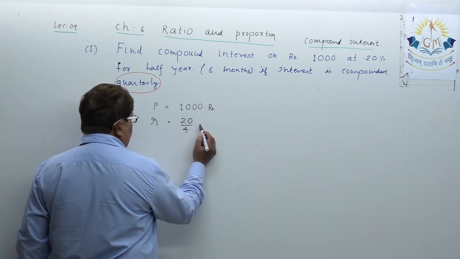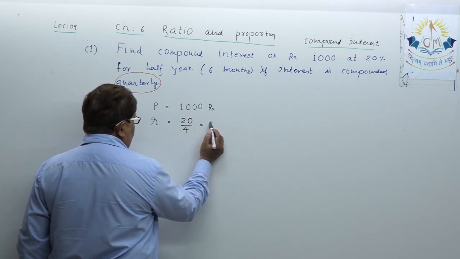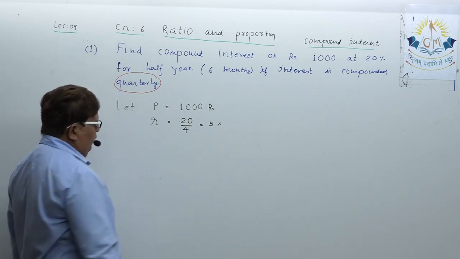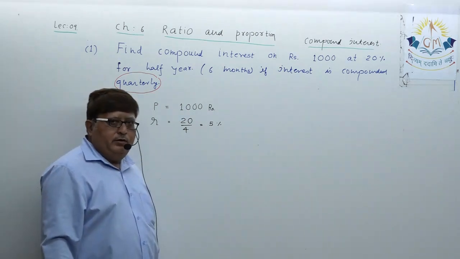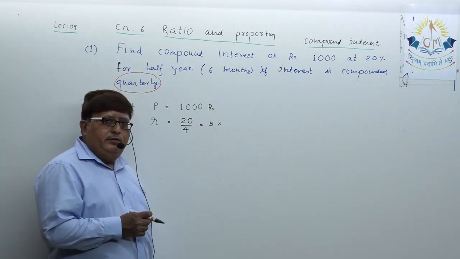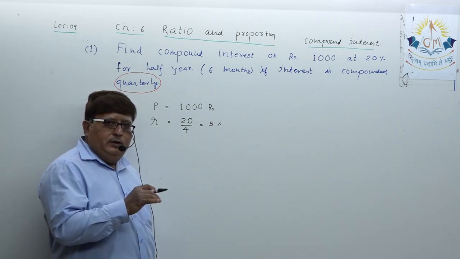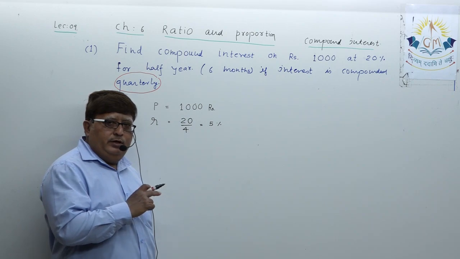Please mind, this is very important. In annual, you have to take the same rate of interest. In 6 months, you have to halve the rate of interest.